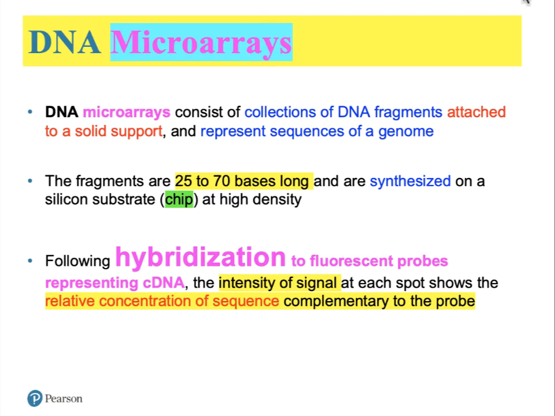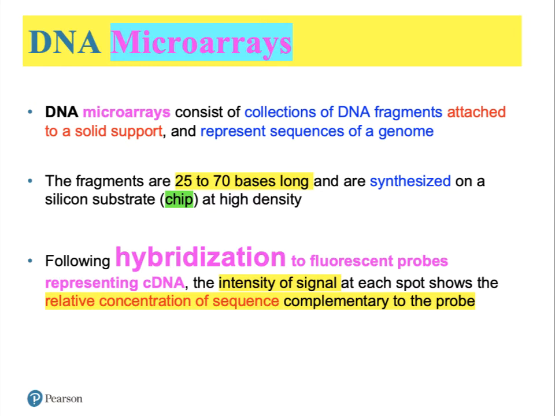The population of these molecules could represent an entire genome, or part of a genome, or whatever the scientist wants to add to that chip. In most cases, these fragments that are synthesized are between 25 and 70 bases long. They're not double-stranded because they have to hybridize to your DNA of interest. There has to be a mechanism in order to detect which fragments have hybridized.